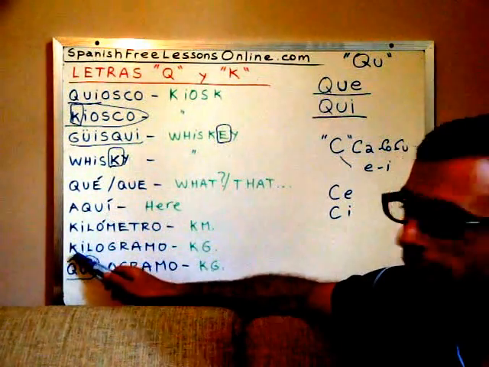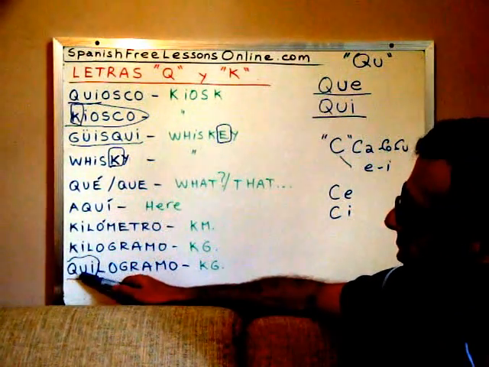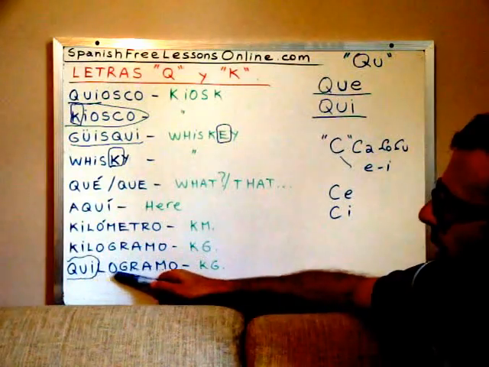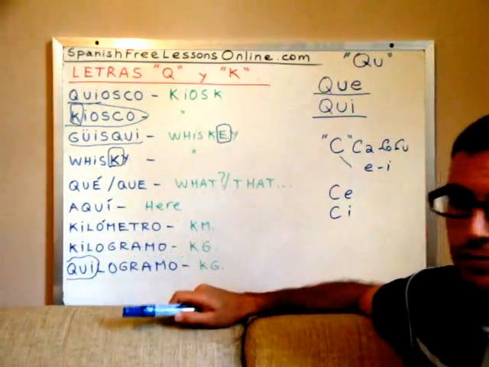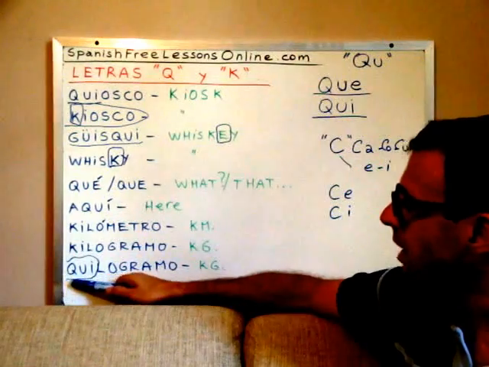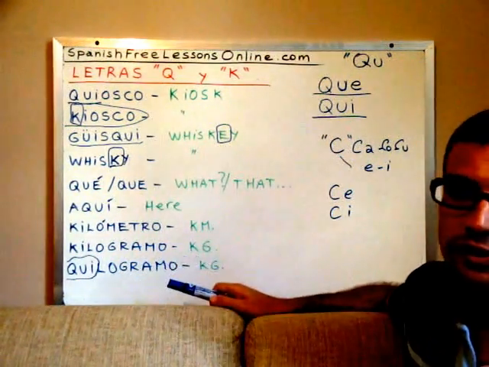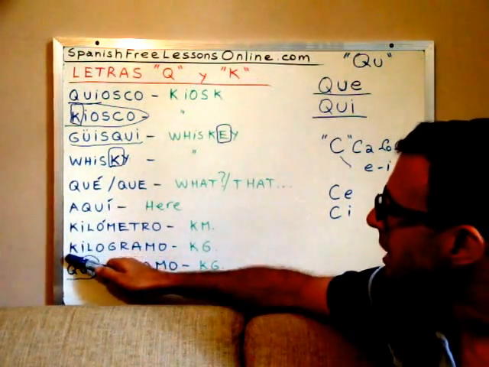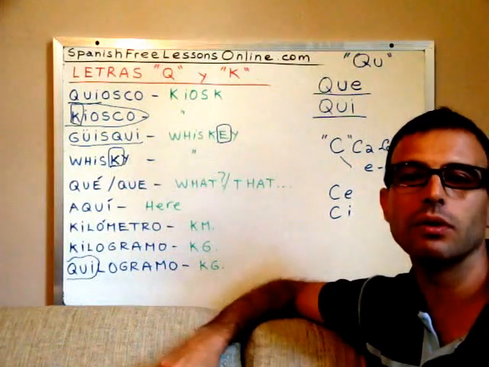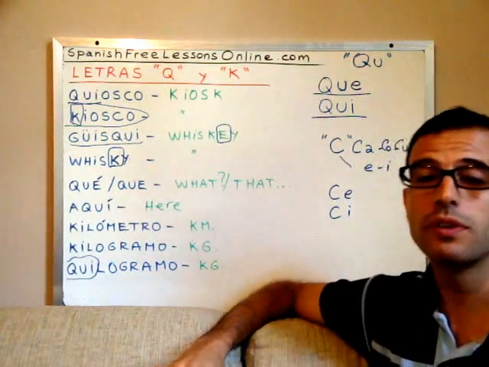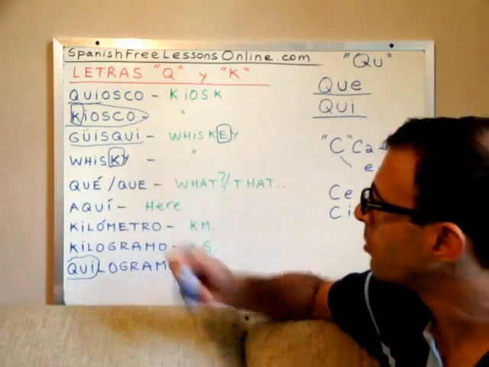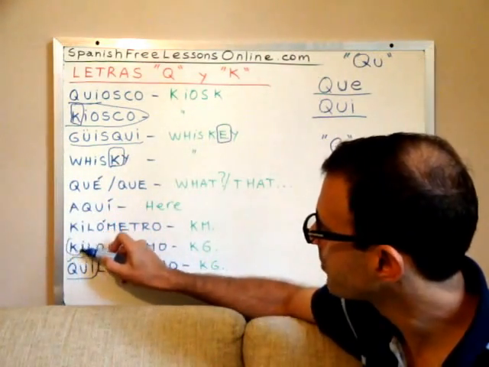You replace the K by the QU and you have kilogramo. You can do the same with kilómetro. So kilogramo will be 100% Spanish, but kilogramo with a K is also correct, and actually in most dictionaries you will still find kilogramo with a K, right?